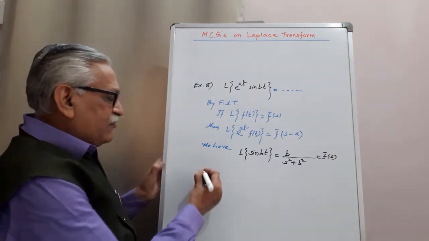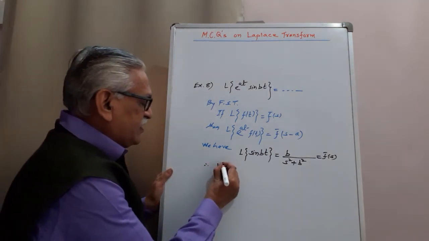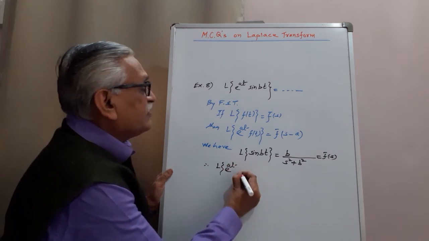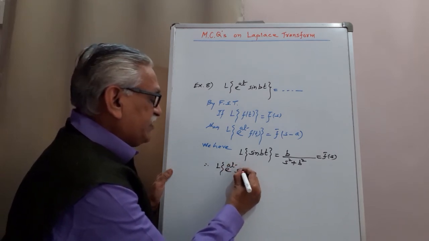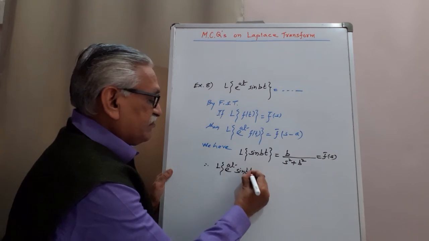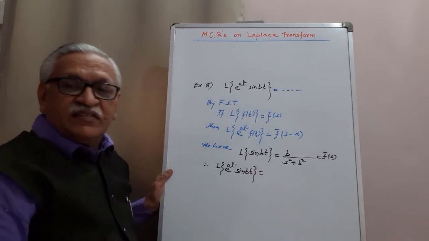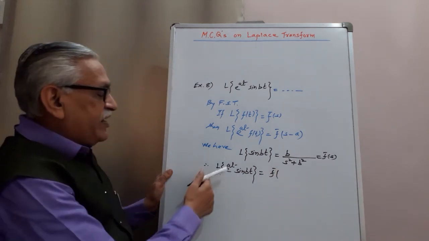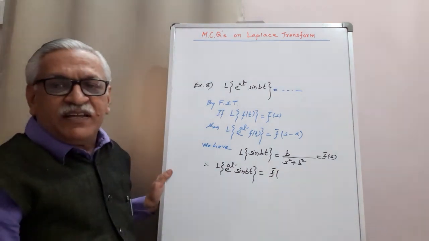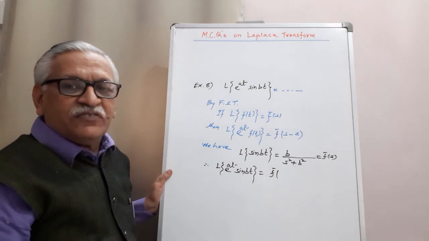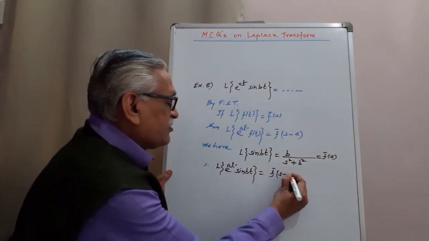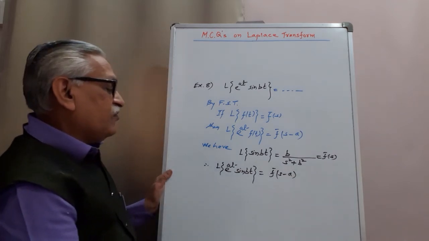Therefore by the first shifting theorem, Laplace of e raised to at into sine of bt is obtained by replacing s by s minus a when it is plus at, and if it is minus at we have to replace s by s plus a.